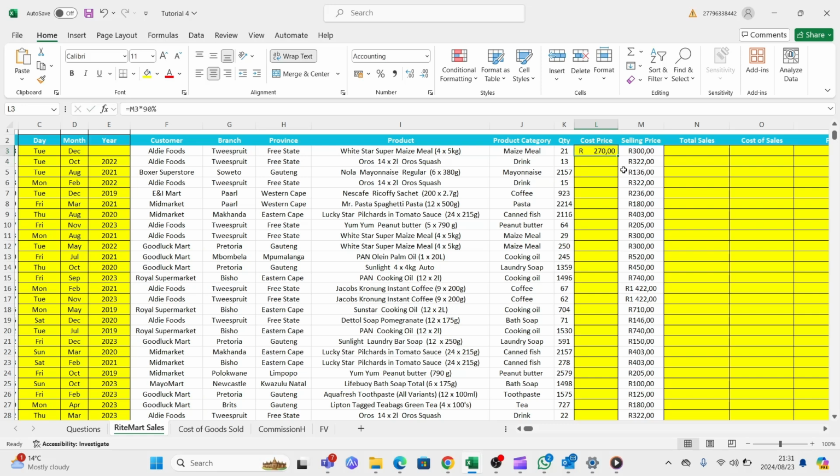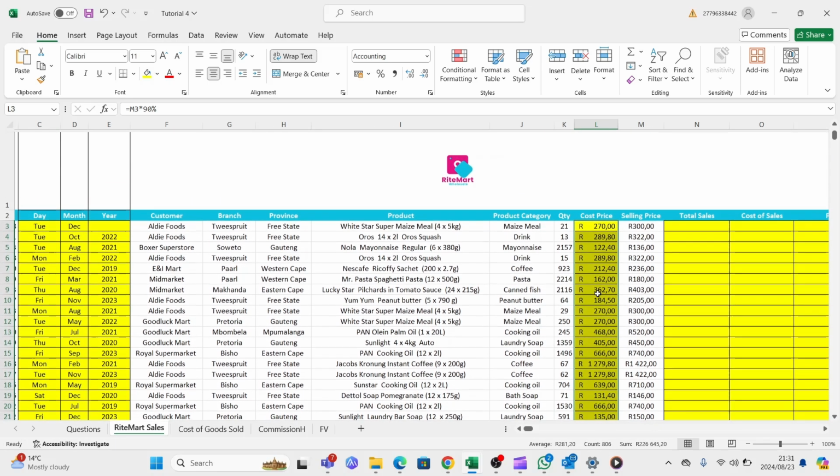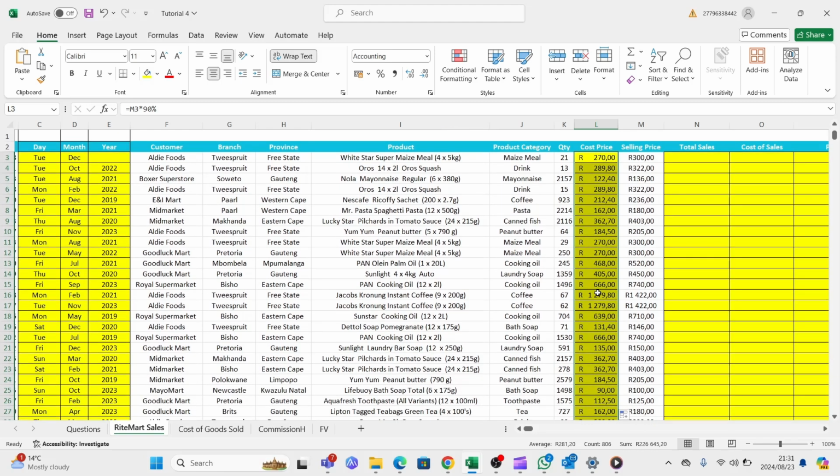So if you want to autofill the cost price in all of these cells, you're gonna go to the bottom right corner and double click it if you're using a laptop. Now this is the cost price.